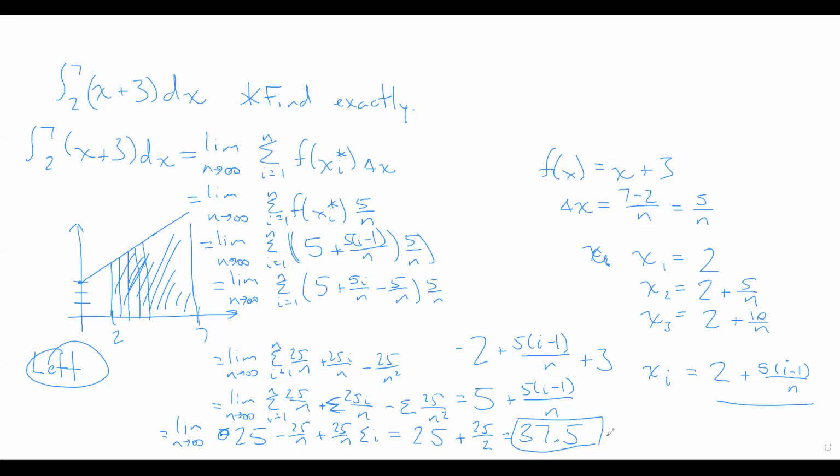How many of those 25 over n's am I going to add together? n, because of what? How do you know that? The multiplication. But how do you know there are n of those things? Oh, the summation, sorry. It tells us that. That's what this defines, right? So yeah, I'm going to add up 25 over n, n times. Which means it's 25 over n times n, right? Which is why that comes out to a constant.